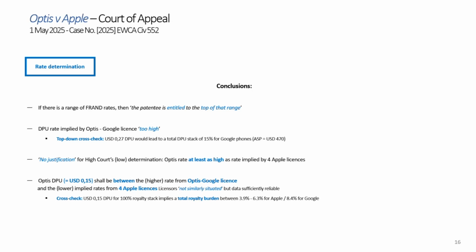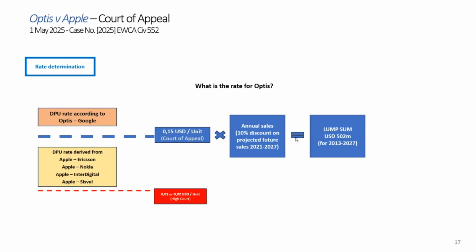If we use this 15 cents per device rate and apply this to the 100% royalty stack, if we look at Google phones, it would have a total royalty burden of 8.4%, which was considered to be fine. If we apply this to the Apple phones, which had a higher average selling price, this would be between 3.9 and 6.3%, which was also fine. So this was then the rate which the court found to be FRAND and reasonable for Optis.